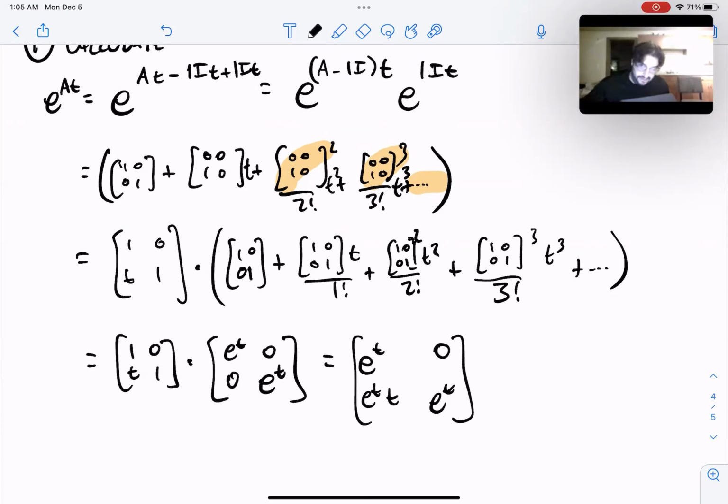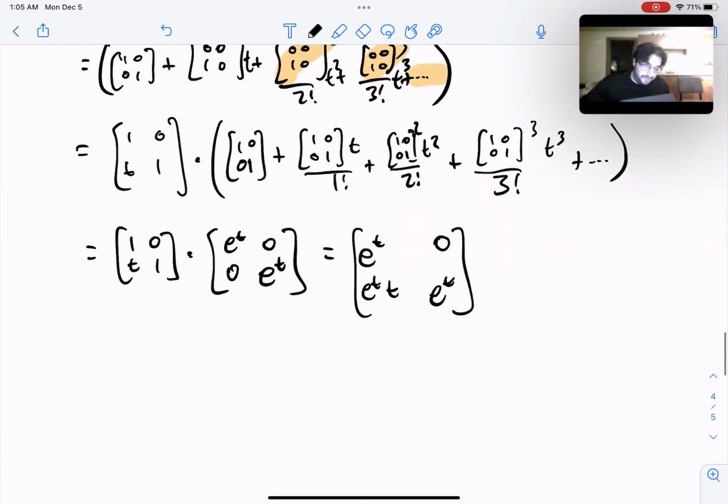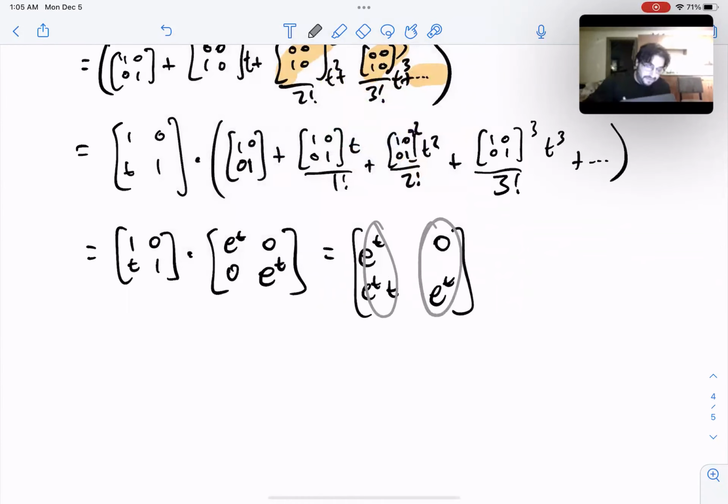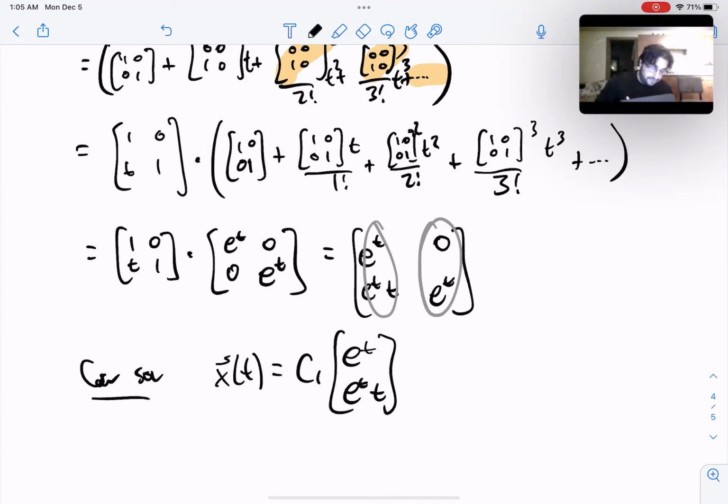So this then, like we said, the columns of this give you the basis for the general solution. So what's the general solution? The general solution then is x of t equals c1 times e to the t, e to the t times t, plus c2 times 0, e to the t.